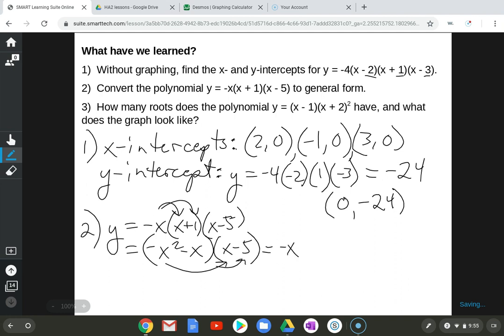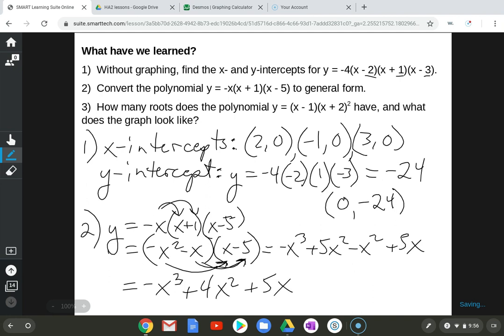So negative x cubed plus 5x squared, and then this guy by these two, minus x squared plus 5x. So my final answer would be negative x cubed plus 4x squared plus 5x. I have to rewrite my y's. All right, so that's my polynomial in general form.